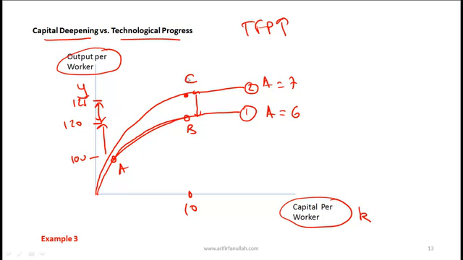So if we want to keep improving our productivity, then that sustainability or the continuous improvement in productivity will only come through increases in technology or total factor productivity. Now, having understood these basic points, you need to read example 3 in the curriculum. It's over roughly 1 page and it's a good example.